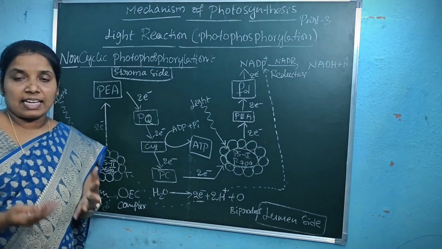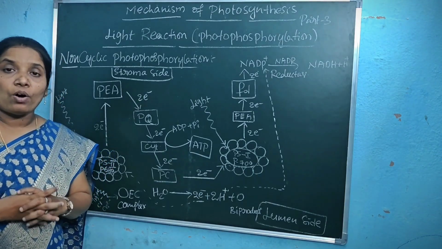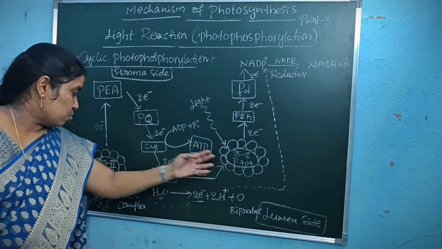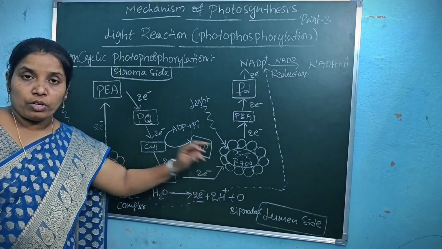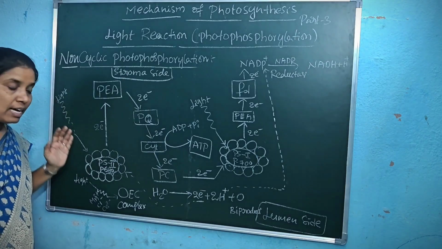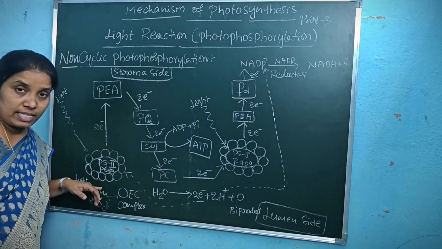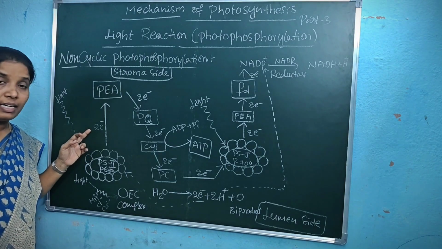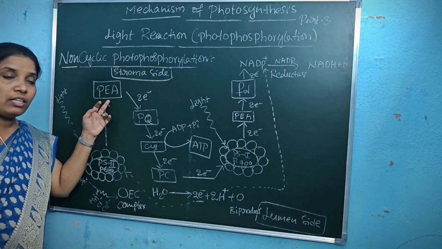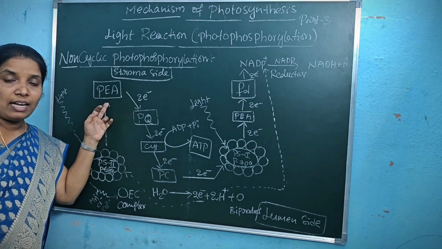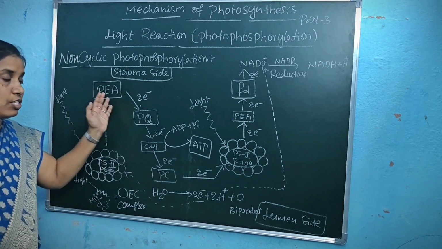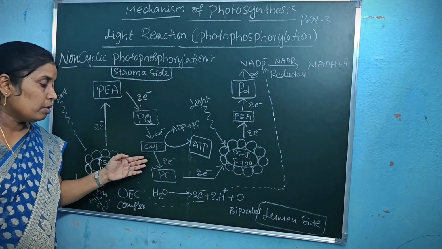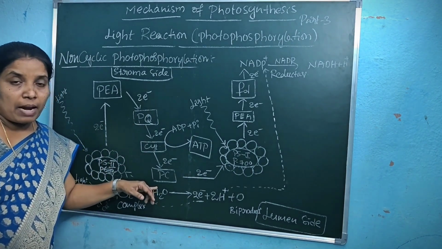Let's see the second type of photophosphorylation, non-cyclic photophosphorylation. It involves both the photosystems, PS2 and PS1. When the light falls on PS2, it gets oxidized by the release of 2 electrons. The released electrons are transported to the primary electron acceptor. It transfers 2 electrons to the plastoquinone and then to cytochrome and then to plastocyanin.